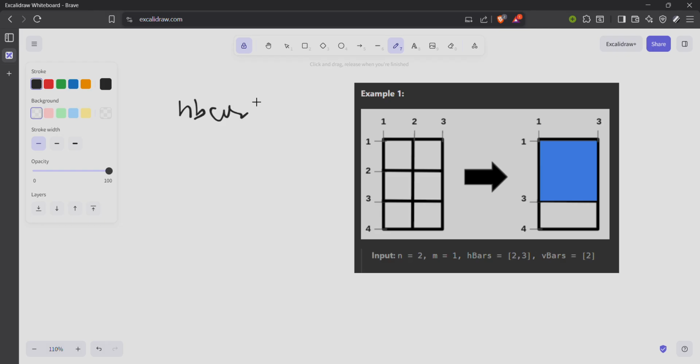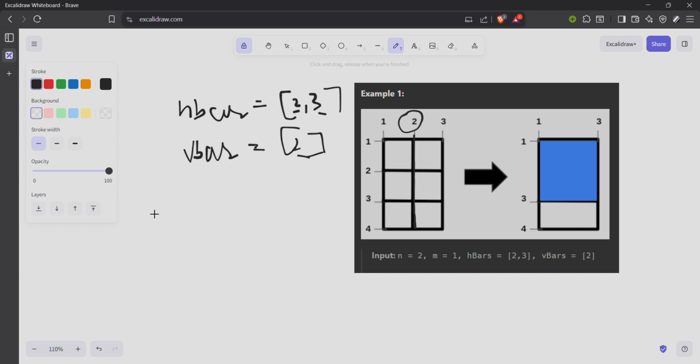H bars 2 comma 3 and v bar 2. So these are the bars we can remove. Since we can remove only from vertical bar, let's try removing this one.